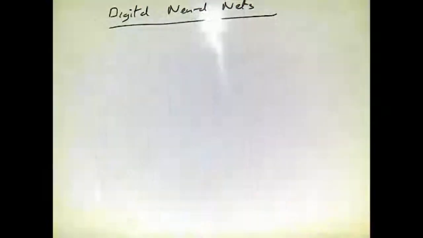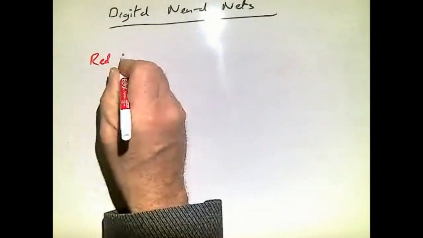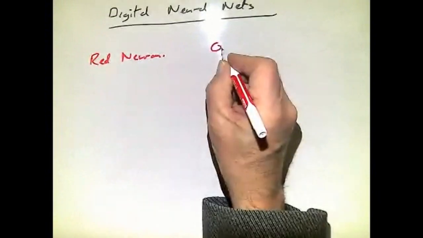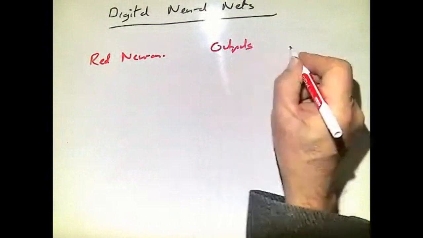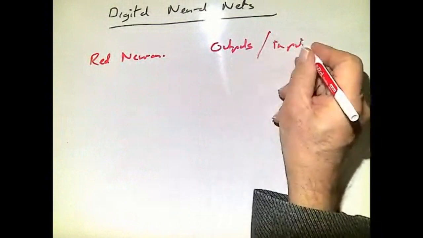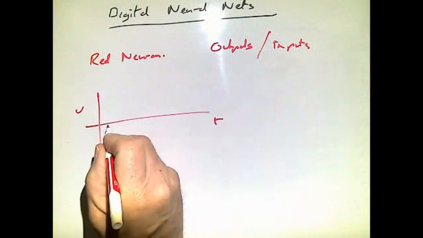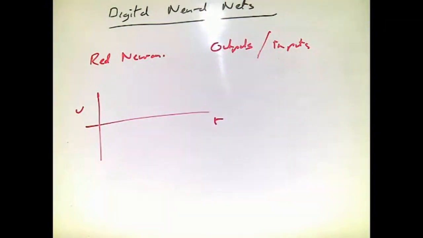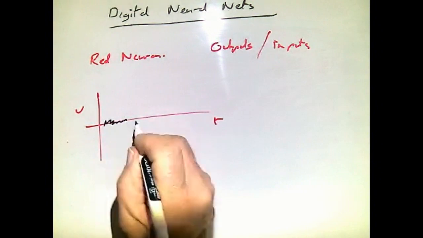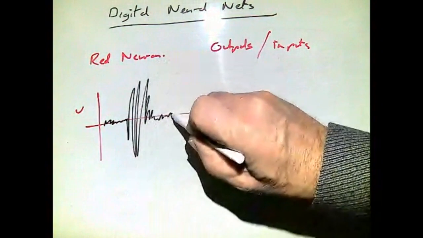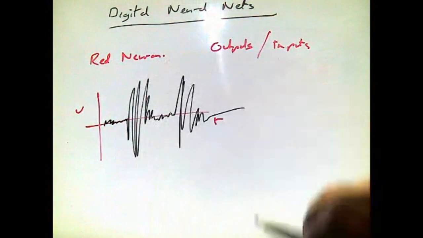So directly from a neuron, we have a waveform like this, a voltage against time. It might be toddling around, then all of a sudden it will start firing; it's dormant, firing, and so on.